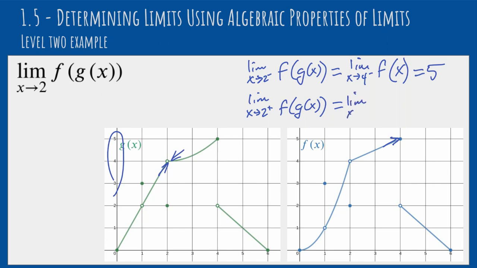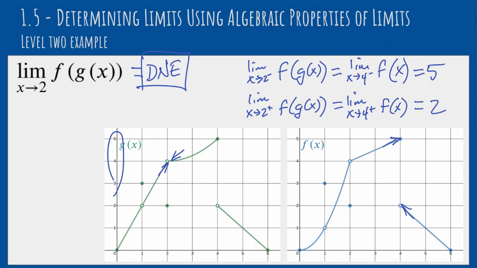So that would be the same thing as looking at this limit. So we're approaching 4 from above, and we look at what happens with f of x as we approach 4 from above, and we get 2. So since these two one-sided limits don't match up, then we're going to say that this does not exist.